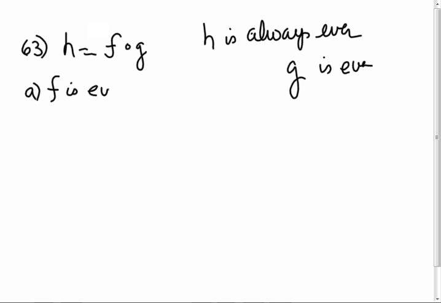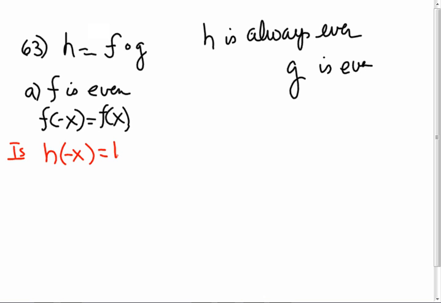What does that mean? That F of minus X is F of X. So if you want to know if H is even, you would have to look at H of minus X. The question is: is H of minus X equal to H of X? Now, if it's not always even, all you have to do is find one case where it's not.